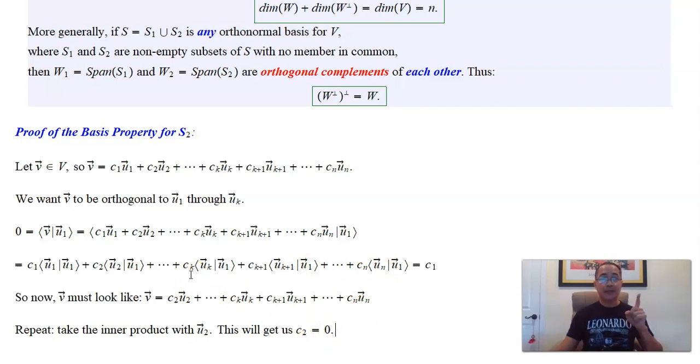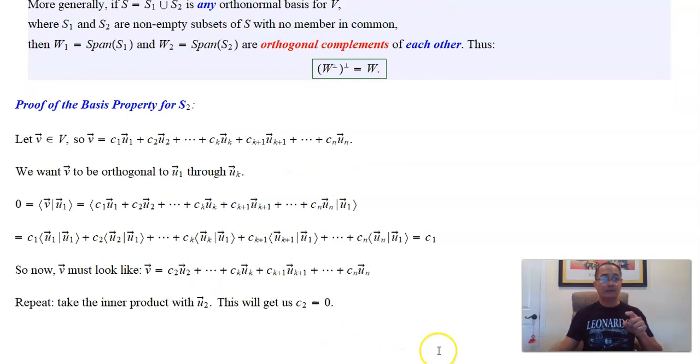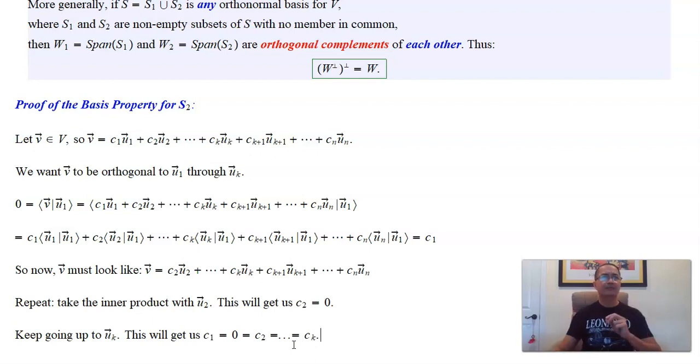So the conclusion is that CK is 0. Keep going up to UK. This will get us all of these coefficients, C1 through CK, and those should all have to be 0.